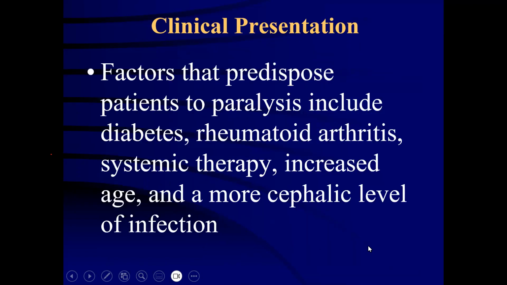Factors that predispose patients to paralysis include diabetes, rheumatoid arthritis, systemic therapy, increased age, and more cephalic level of infection.